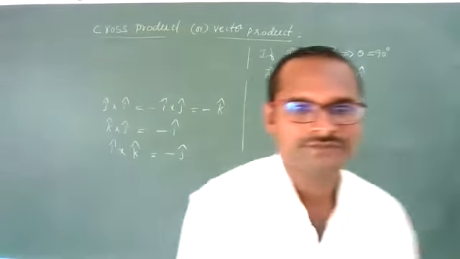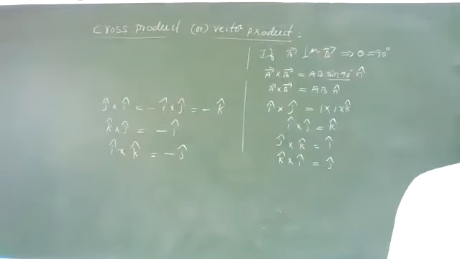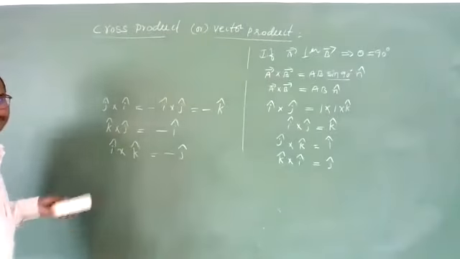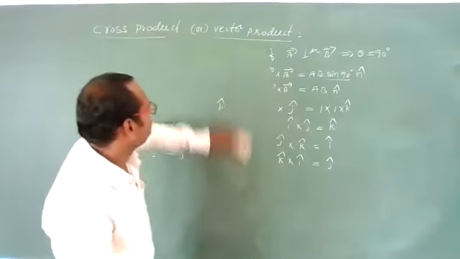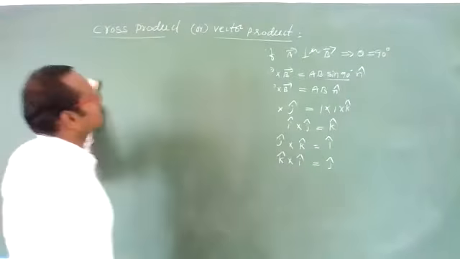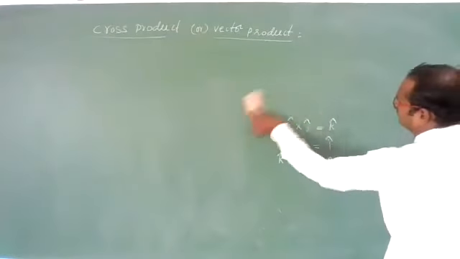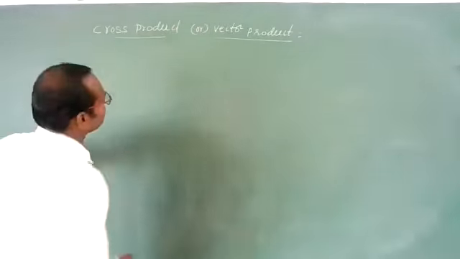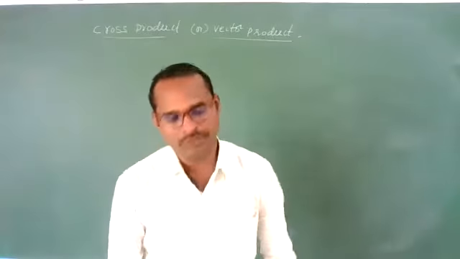This is about cross product, sir. Okay, sir. Now one more important point is there, let us discuss. Now, let us do the cross product in terms of its components.